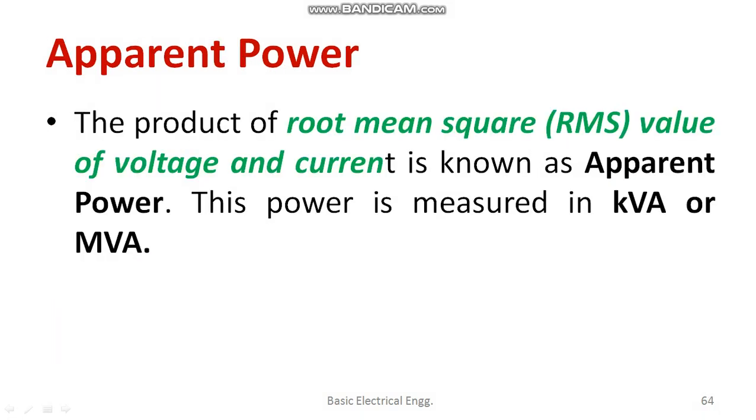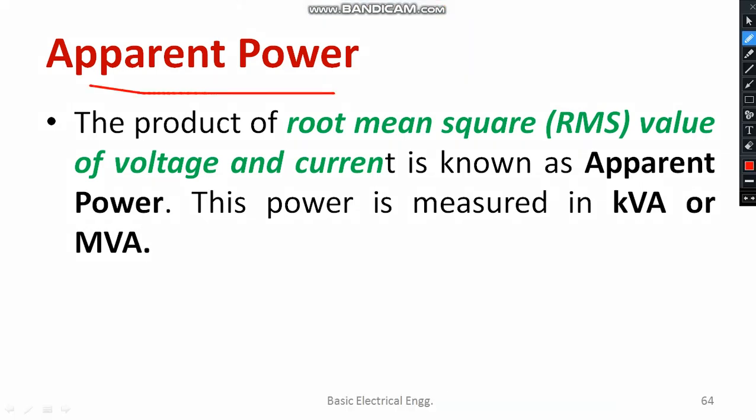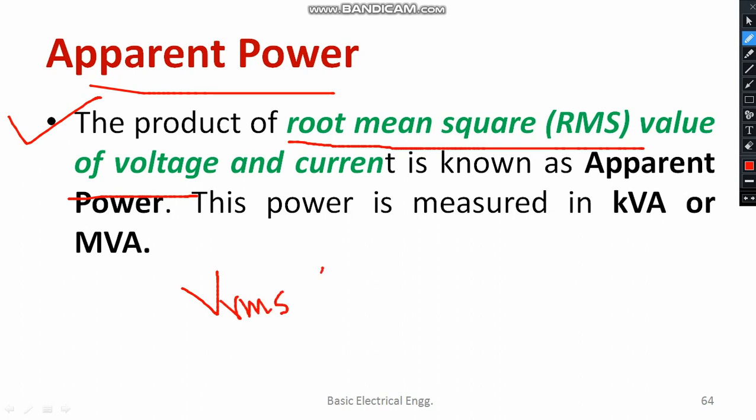Now I would like to discuss the third terminology, apparent power. What do we mean by apparent power? The product of the root mean square value of voltage, V RMS, and current, I RMS, gives the apparent power.